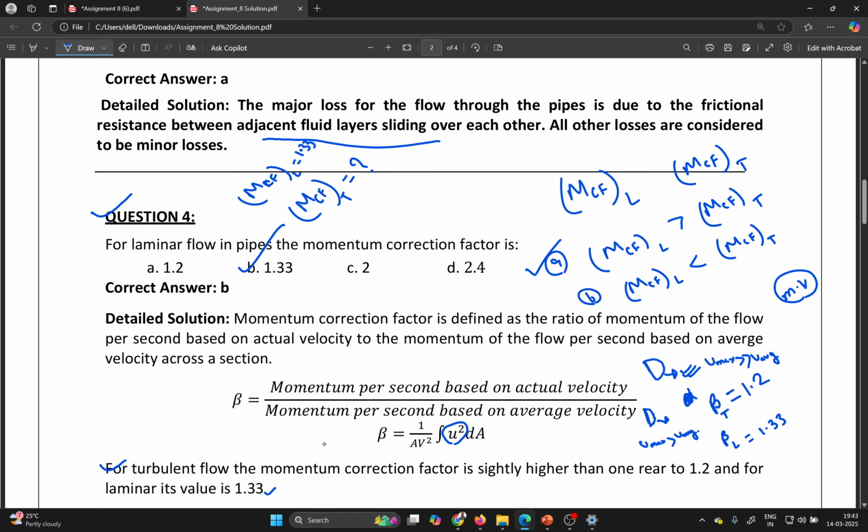So when you divide the actual velocity with the average velocity, definitely in case of turbulent your value will be less. So this is all about your momentum correction factor.